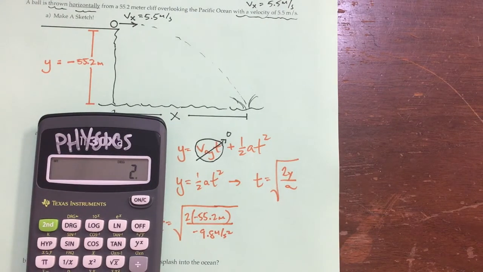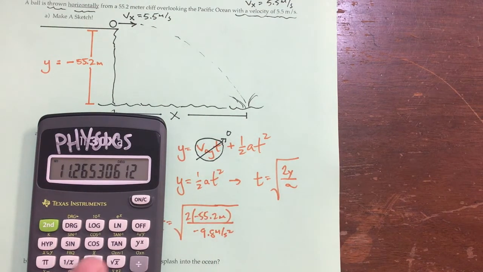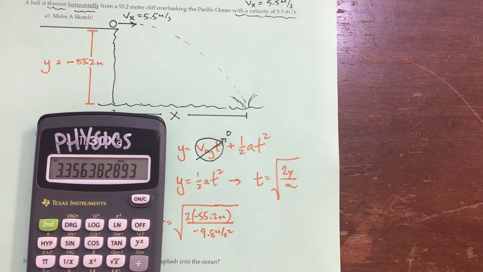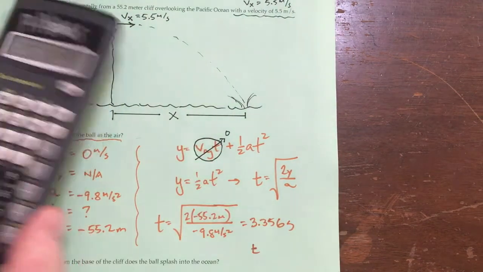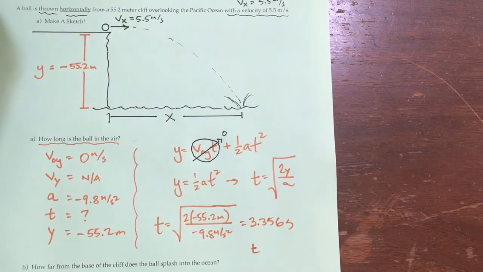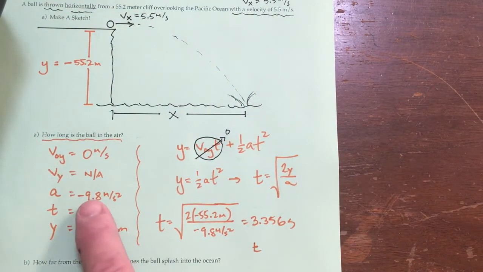2 times negative 55.2, divided by negative 9.8, equals 11.26. That's what's under the square root, so I take the square root of that, and I get 3.356. Rounding that off, well, we had 3 sig figs here.